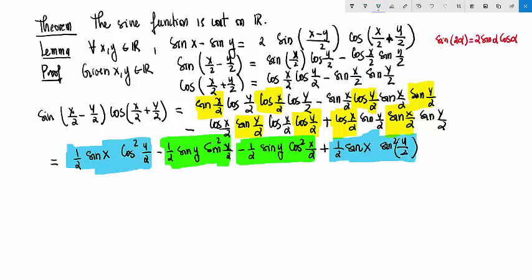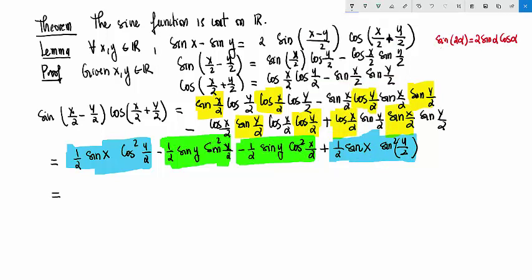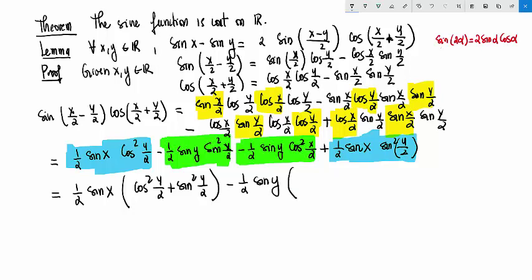Alright, so collecting those terms, it's clear that we obtain 1/2 sine of x times cosine square of y over 2 plus sine square of y over 2, minus 1/2 sine of y times sine square of x over 2 plus cosine square of x over 2.